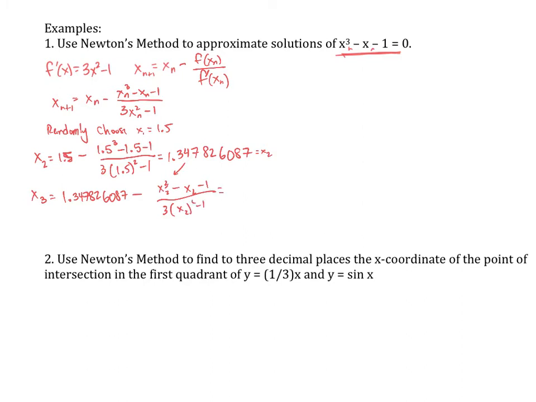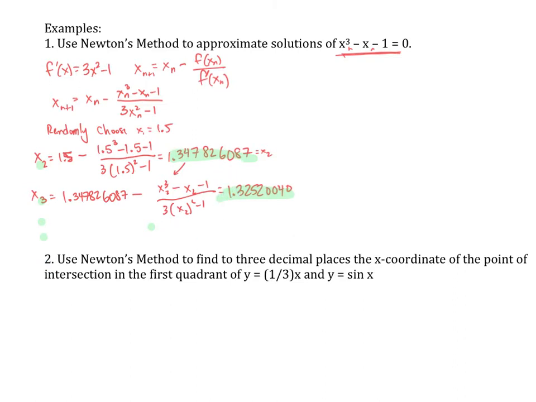And I will get, for x sub 3, 1.32520040. Okay? I have to keep doing this until these numbers right here match, until my x sub 2 or x sub 3, x sub 4, x sub 5, as I keep going, my numbers match.